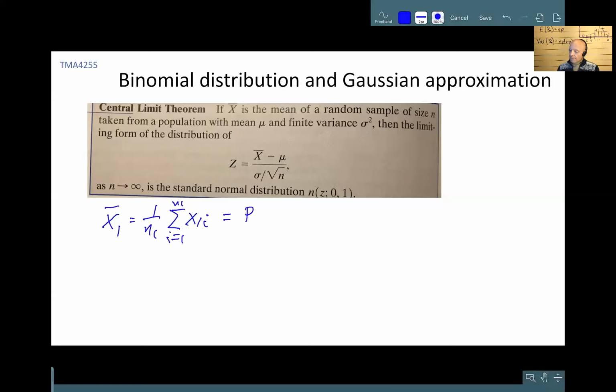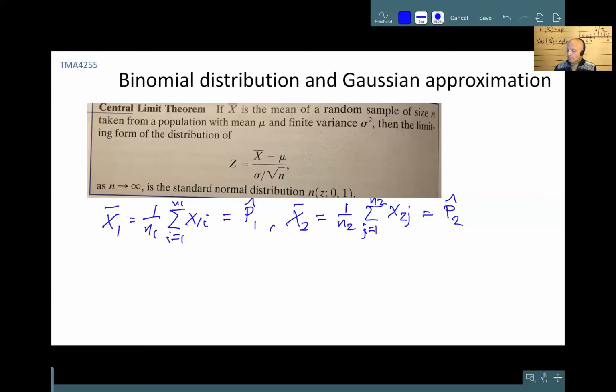So let's call this p hat 1. And the same for x bar 2. Then we take the average over the second sample. And we will call this p hat 2 because it's the success probability that was estimated or calculated from the samples of the second group.